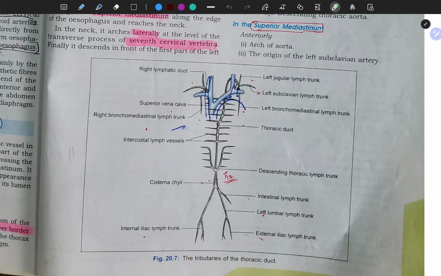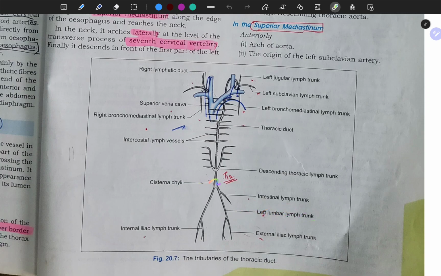A very important question they may ask you is about the thoracic duct. The internal iliac lymphatic trunk and the external iliac lymphatic trunk on both sides join to form the common iliac lymphatic trunk, then the lumbar lymphatic trunk.